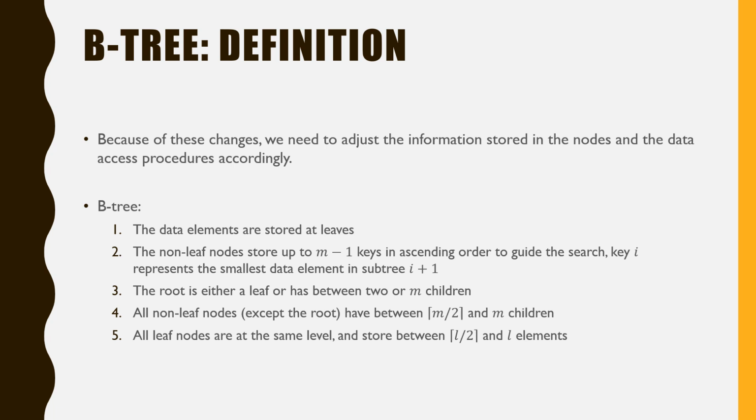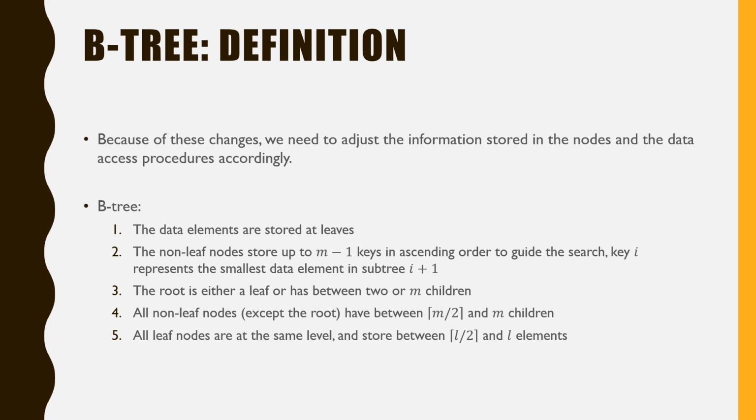First, the data elements are stored in the leaf nodes. Second, the non-leaf nodes store up to m-1 keys in ascending order to guide the search. The ith key represents the smallest element stored in the i+1th subtree.